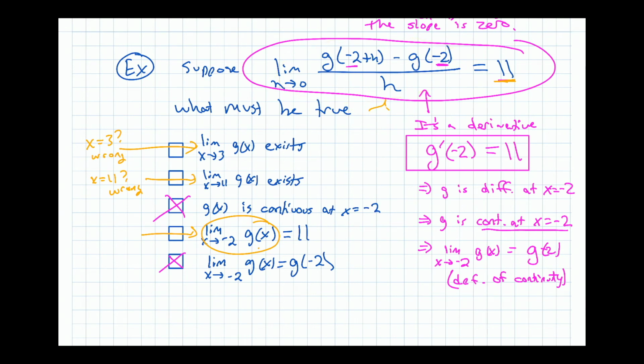Okay, so they're giving you like nonsense statements, and that's just not what it says there. Okay, so this is the way you want to progress in your logic. That's a derivative. That means it's differentiable. That means it's continuous, and specifically, this is what continuous means. Okay, and that's how I get the 2 that I checked.